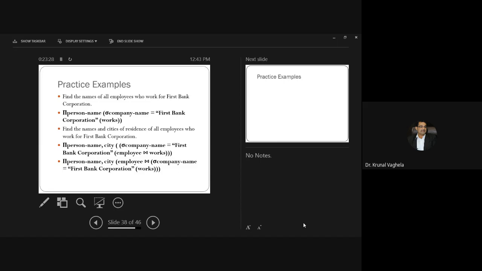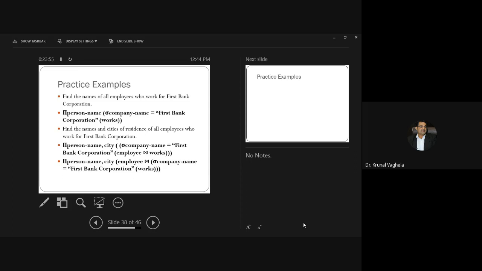Why second one? What it is doing, first they are extracting the records of only First Bank Corporation. Then it is performing join. So, for example, if there are 10 records of First Bank Corporation, only 10 records are joined.